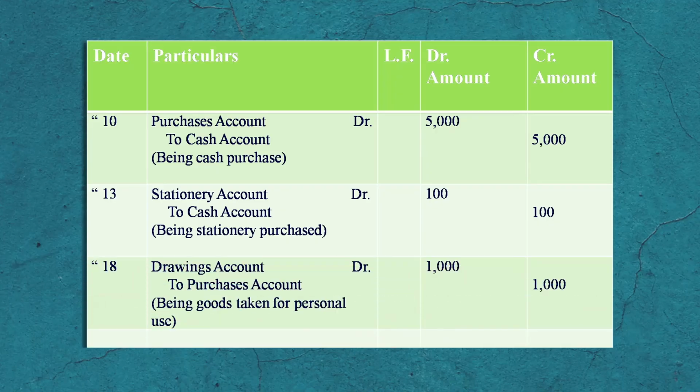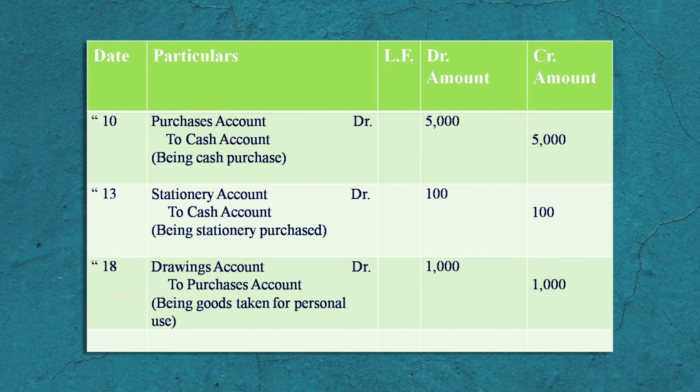Again if we go back to the transaction, it is drawing account debit to purchases. So in the debit side of drawing account and in the credit side of purchases account you will find 1,000 rupees. Now you can see in the debit side of drawing account 1,000, and in purchases account again you will find 1,000 in the credit side by drawing 1,000 rupees.